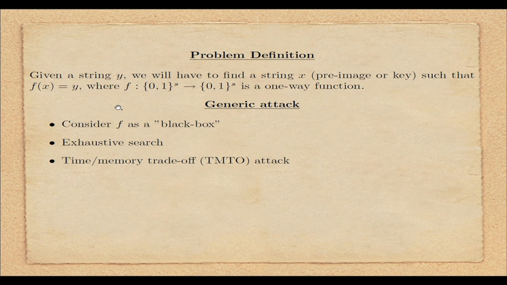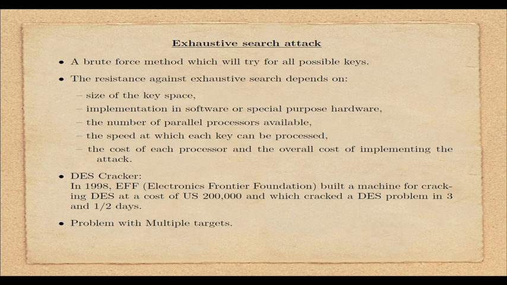So, this we can do in a generic way. Like we have seen the exhaustive search attack, which is basically the brute force method, which will try all possible keys. Now, resistance against the exhaustive search attack depends on the size of the key space. If the key space is large, it is not possible to do the exhaustive search attack. Then one can think of parallel processing.